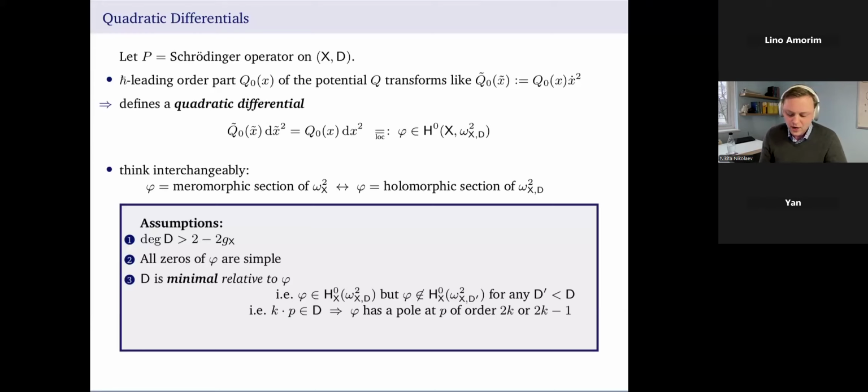If I have a point p in D of multiplicity k, but phi has a pole of order like 0 or 1 or something, then the way I would interpret that is that phi, as a holomorphic section of the canonical bundle of the marked curve, has a higher order zero at that point.